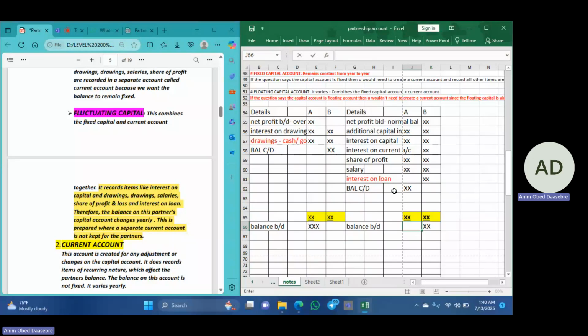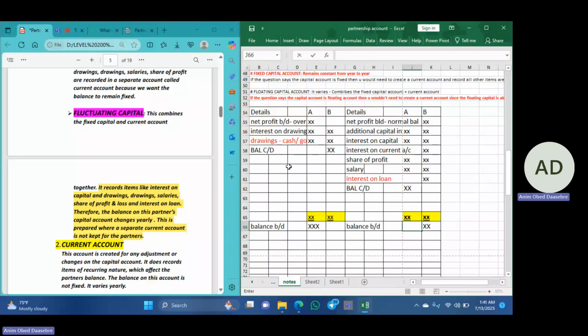That means that the total for partner A debits was greater than the credit side. So that's why the balance came on the credit side. And for partner B, the totals for the credits was greater than the debit. So that's how the partner B closing figure came toward the debit side.